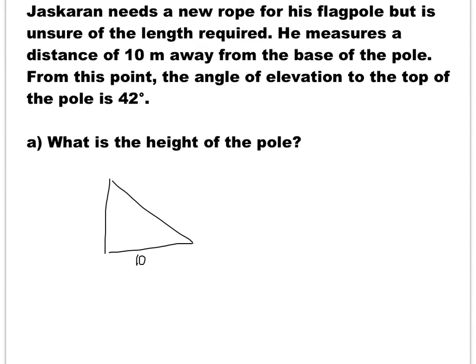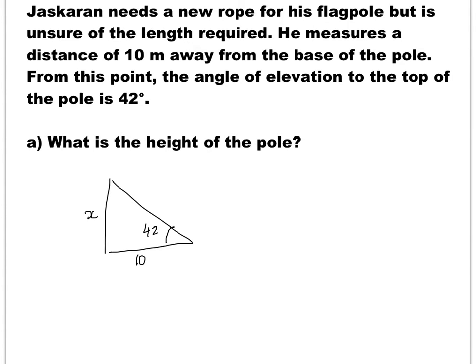This 10 meters is the distance from him to the base of the flagpole. From this point, the angle of elevation, which is this angle, remember, angle of elevation is the angle that your eyesight makes with the horizontal, is 42 degrees. What is the height of the pole?